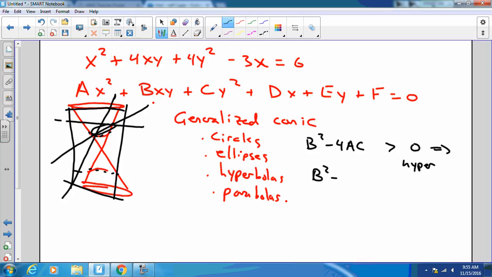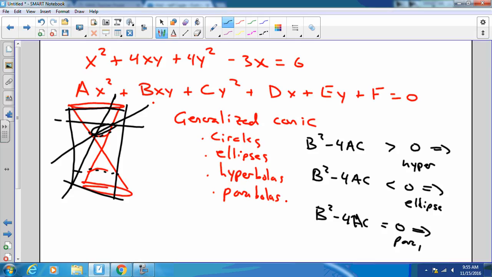If b squared minus 4ac happens to be greater than 0, then we're looking at a hyperbola. If b squared minus 4ac happens to be less than 0, we're looking at an ellipse. And if b squared minus 4ac happens to be exactly equal to 0, then we're looking at a parabola.